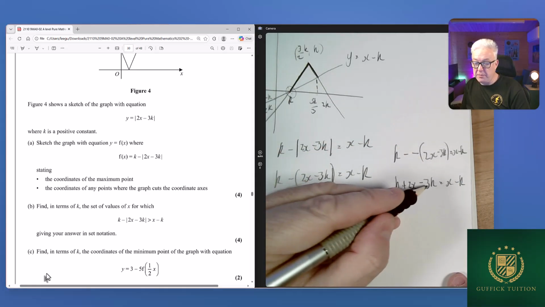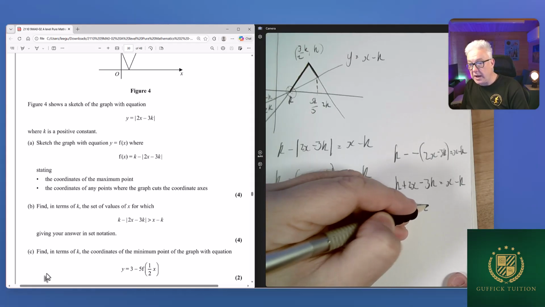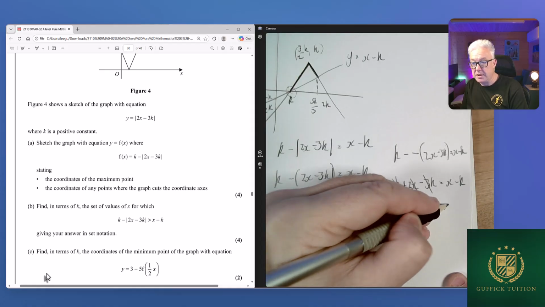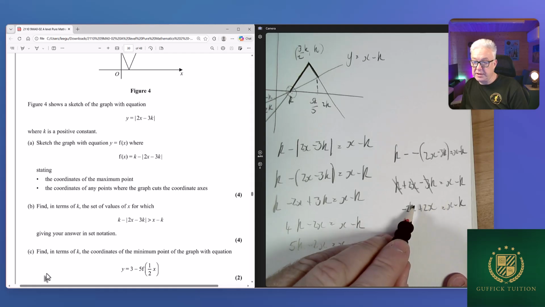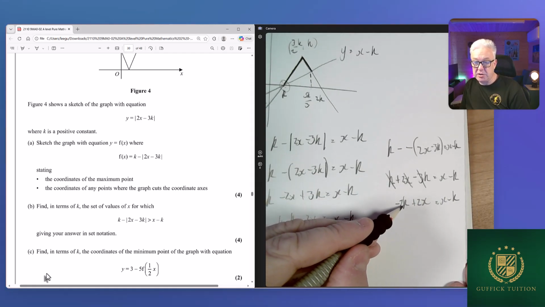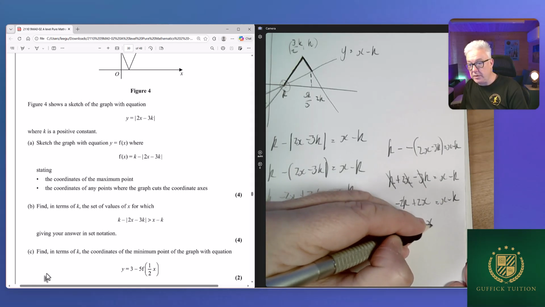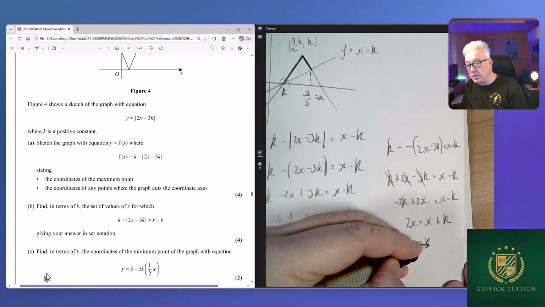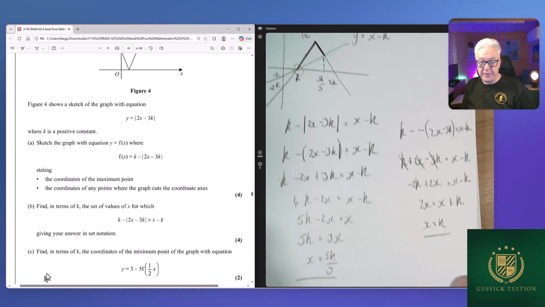So now we've got k minus 3k is minus 2k, plus 2x equals x minus k. Now let's add 2k over to this side. So that gives me that 2x is equal to x plus k. Take x off the other side and you get x is equal to k. So you can see that the other solution is in fact x equals k.